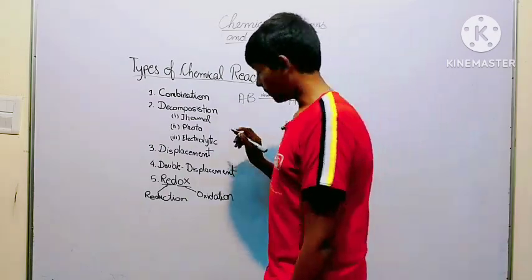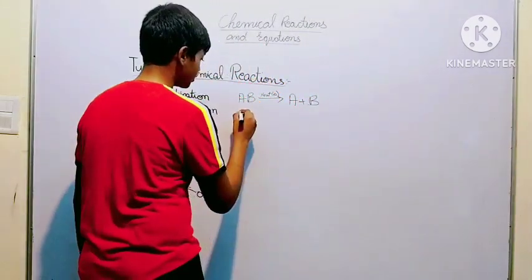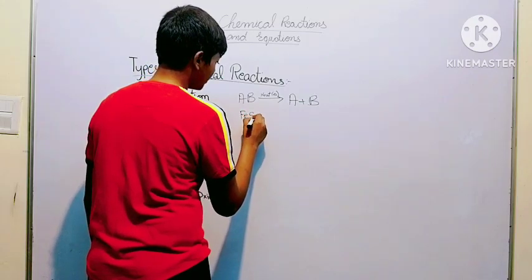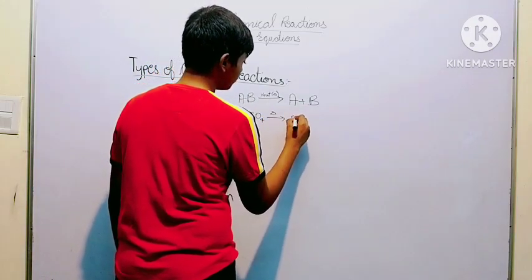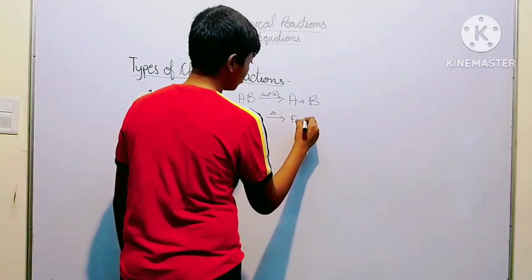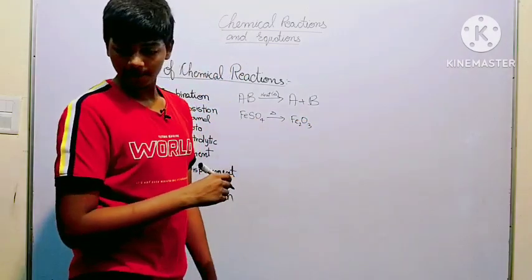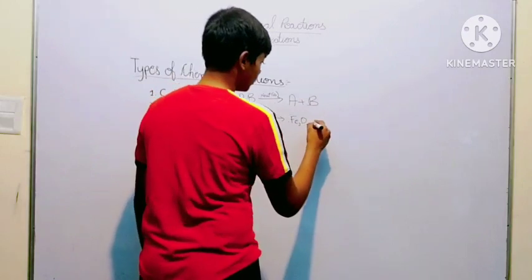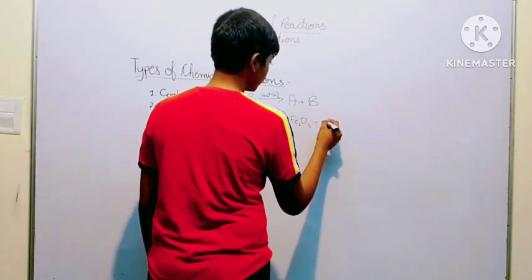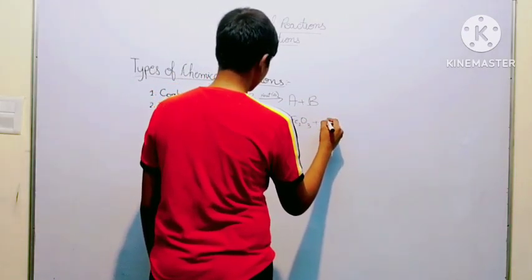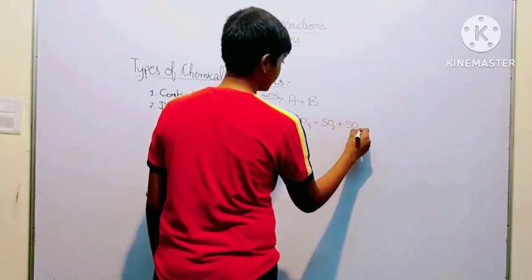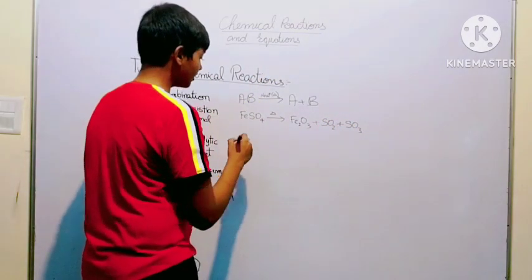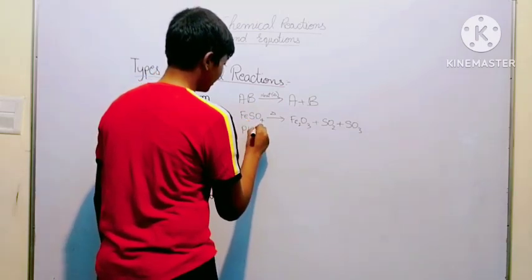A few common examples of decomposition reactions are: when ferrous sulfate is heated, it forms ferric oxide plus sulfur dioxide and sulfur trioxide. Another example is lead nitrate.